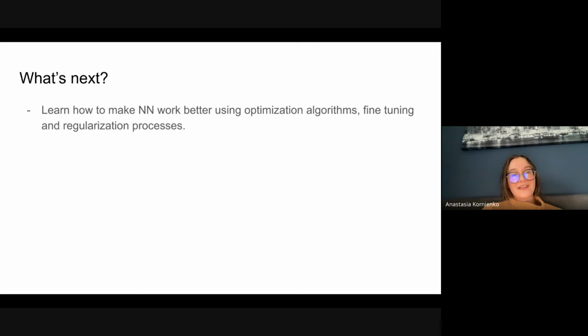What's next? As I told you about the basics of neural networks and deep learning, the next step is to find out what optimization algorithms there are and what fine-tuning is, because there will be more and more hyperparameters for optimization algorithms, and also regularization processes that will help you get rid of bias and variance.